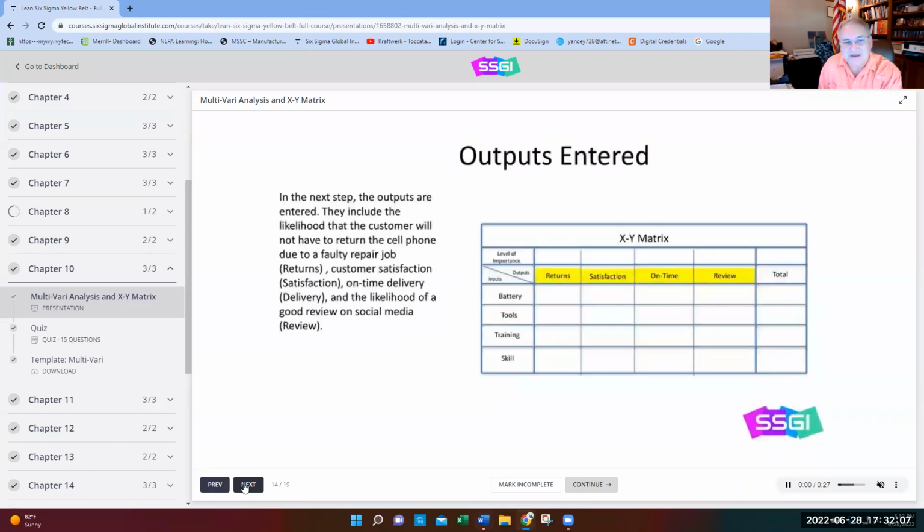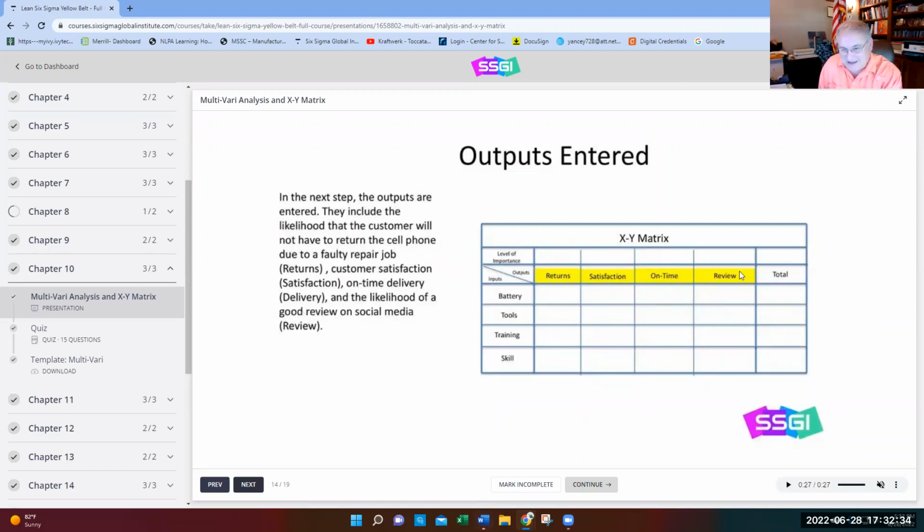Next they looked at what they wanted to be the output. They wanted folks not having to return their phones for repair, so they called that returns. Then customer satisfaction, that they were happy with their interaction with the company, and that they got their phones back when they said they would.